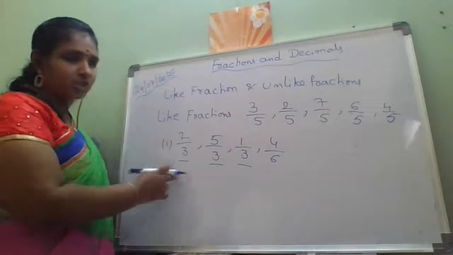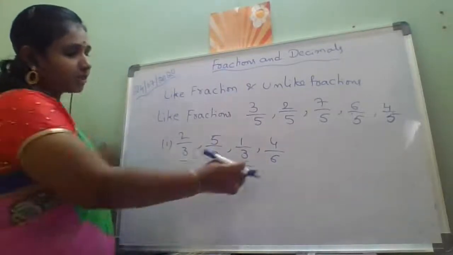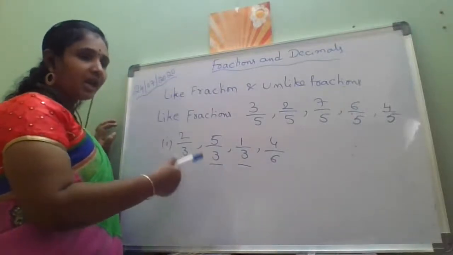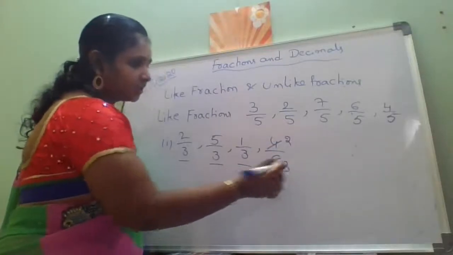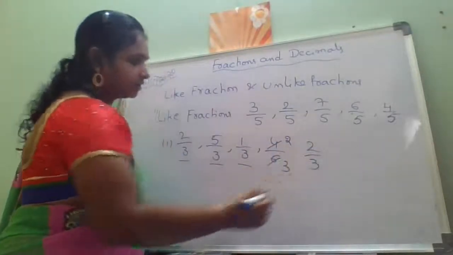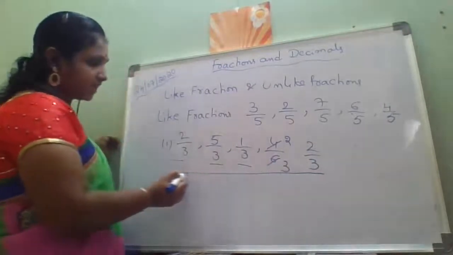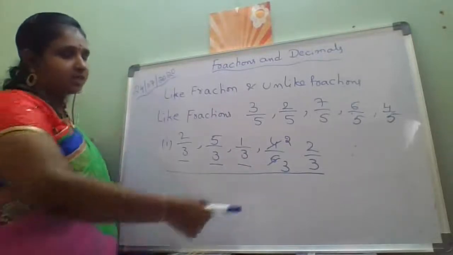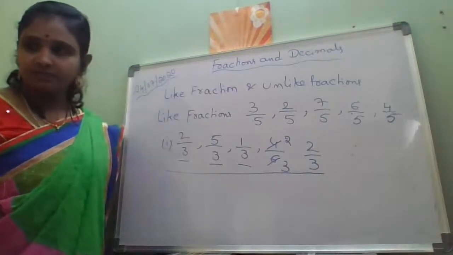All are like fractions. What about this 4 by 6? 4 by 6 is also a like fraction only. Why? Because 2 twos, 2 threes, it is 2 by 3 only, no? So this full set is like fractions. Okay, this full set is like fractions. Yes.